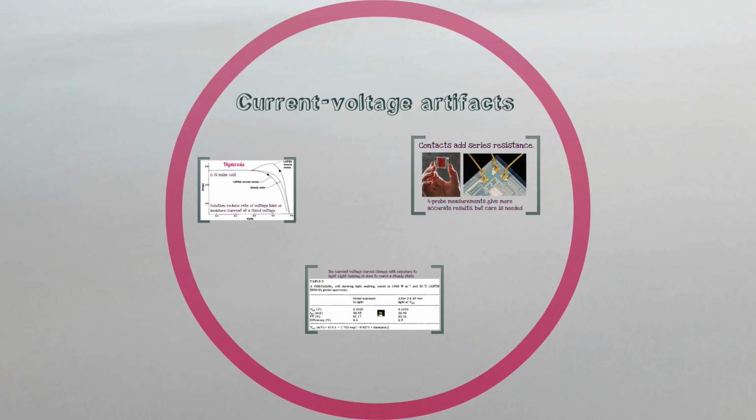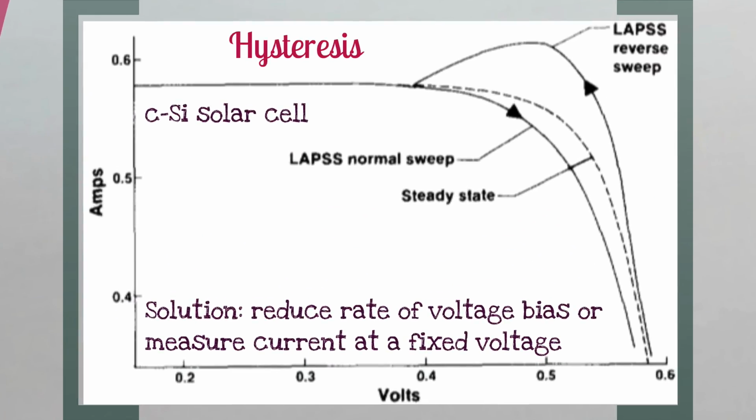And these things you have to be aware of and need to be taken care of. One of the important things is hysteresis. If you imagine you do this measurement, you have a silicon solar cell, you bias the voltage, you measure the current, you get this curve. And you try to go back.